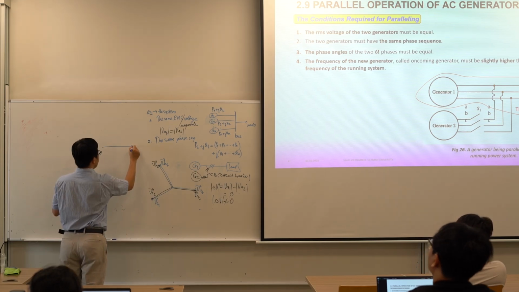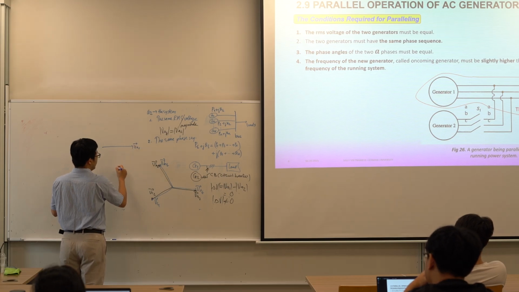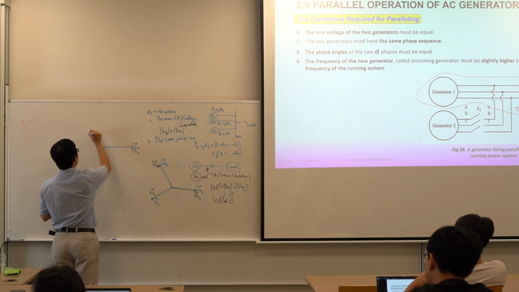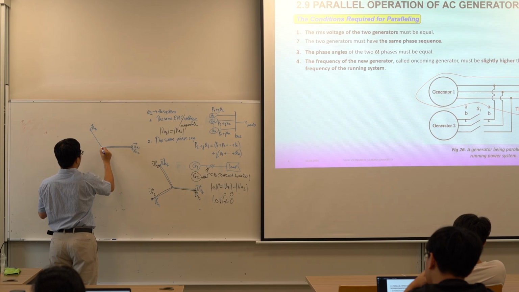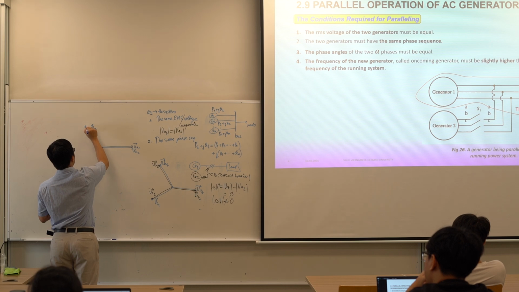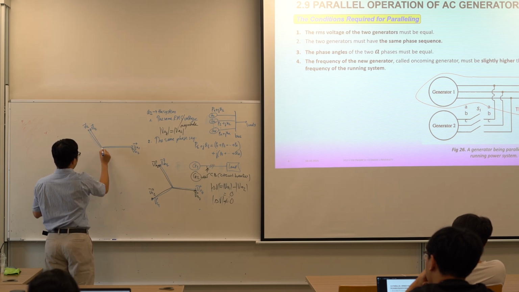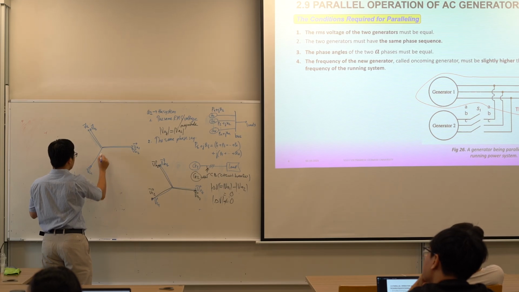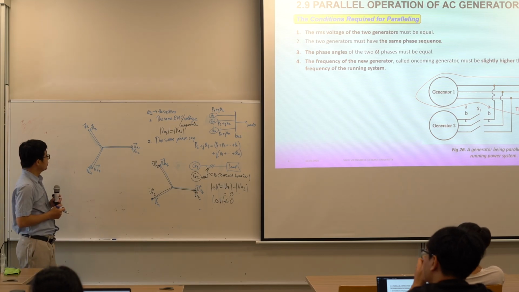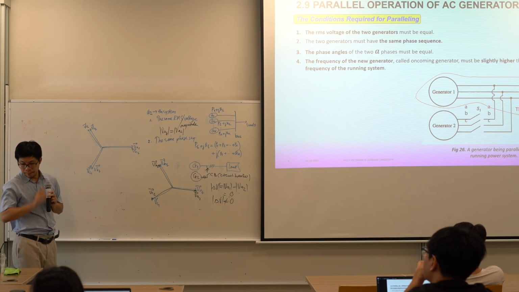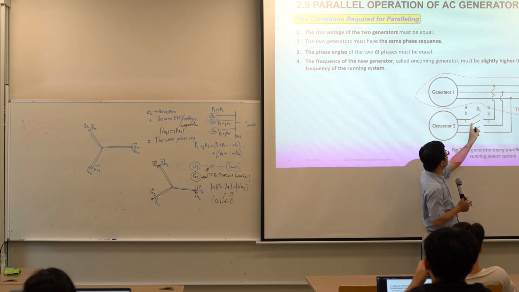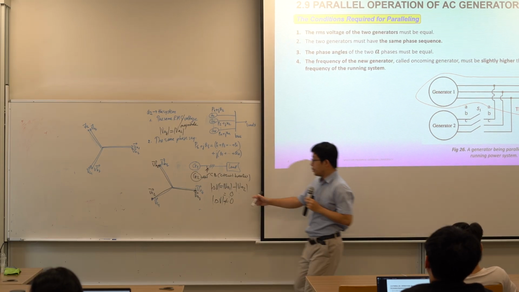So we assume this one is VA1, and VA2 is the same. But this one is VB1, and this is VC2. This is VC1 and this one is VB2. Yes, problem. Why? Because when we connect A to A, B to B, C to C, delta V is 0.